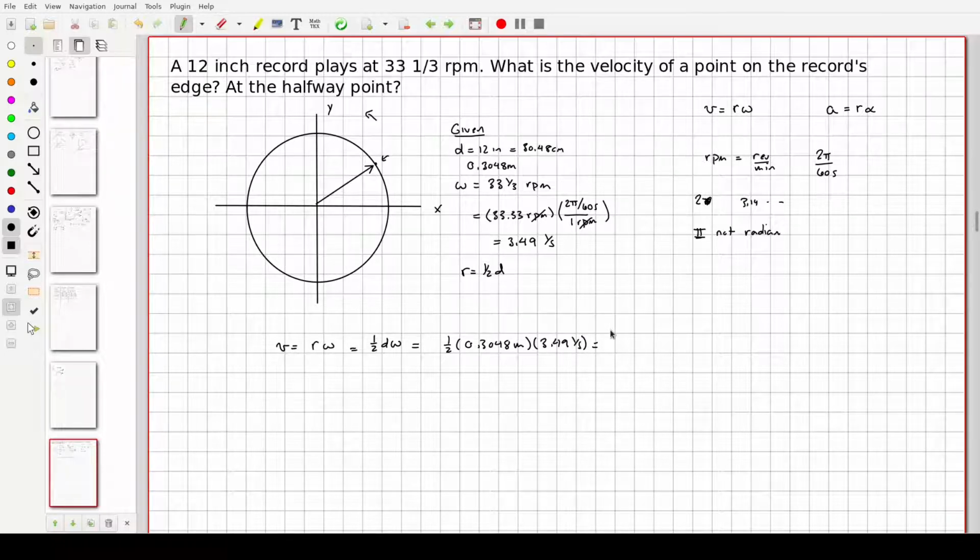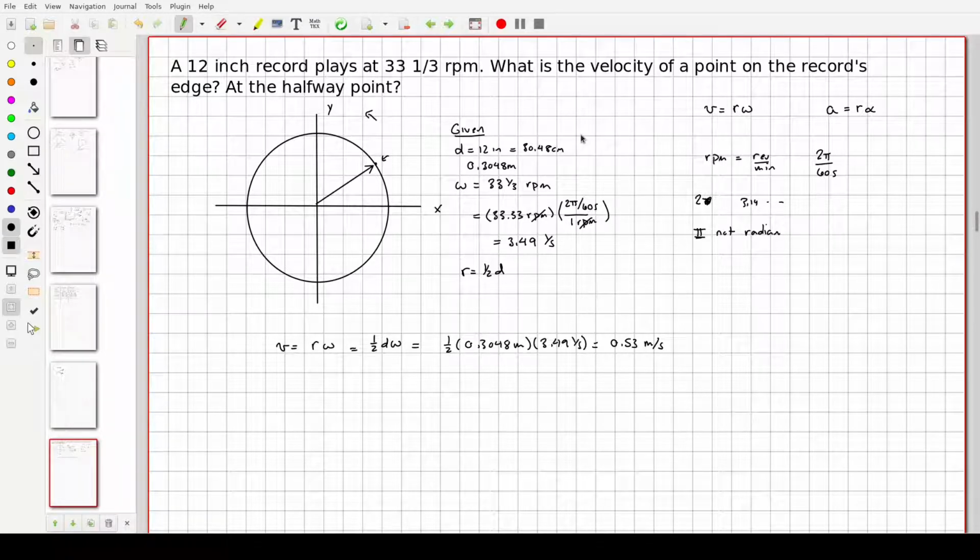So, if you do that, you get 3.49 times 0.3048, rather, divided by 2. I get about 0.53 meters per second. Now, I want to point something out here.